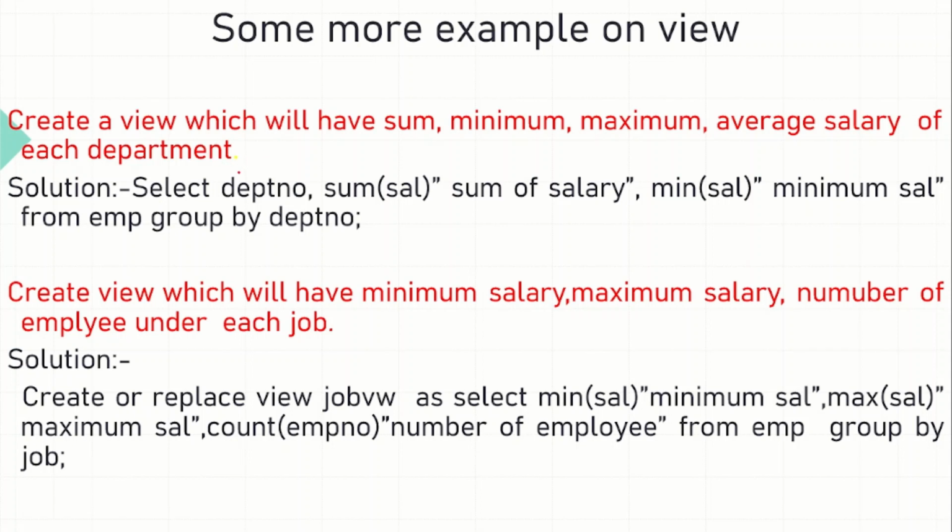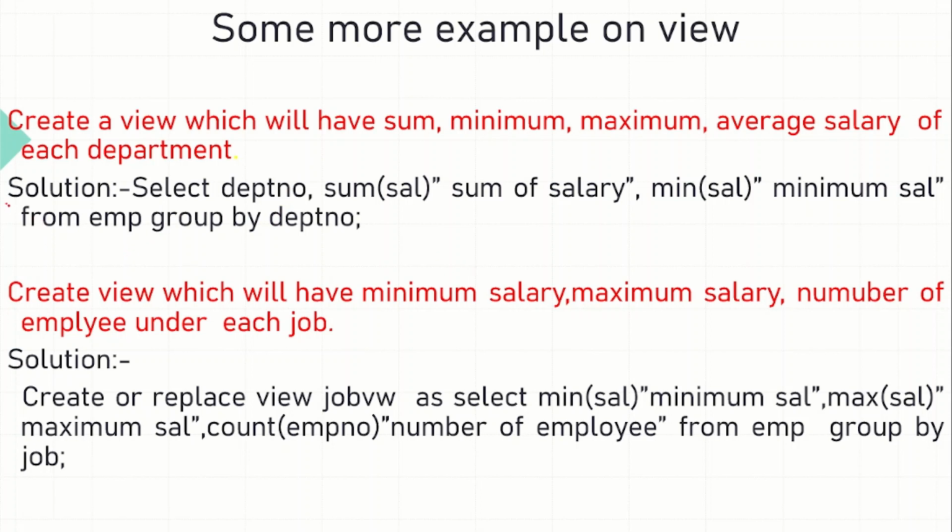Means I want a view which will have department number, total salary, minimum salary, maximum salary, average salary, department wise. So I can easily write a select statement: select department number, sum of sal, then min of sal, likewise. In this way, I can create a view.